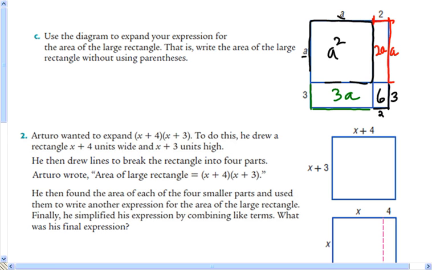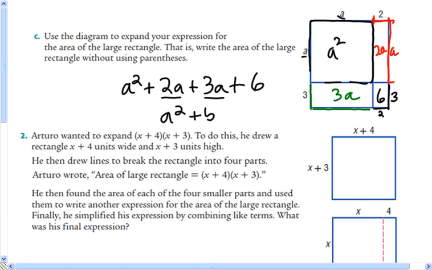So we're going to write the area as A squared plus 2A plus 3A plus 6, adding 4 parts together. And we can actually simplify part of that because we have some like terms there. 2A and 3A makes 5A. So A squared plus 5A plus 6.